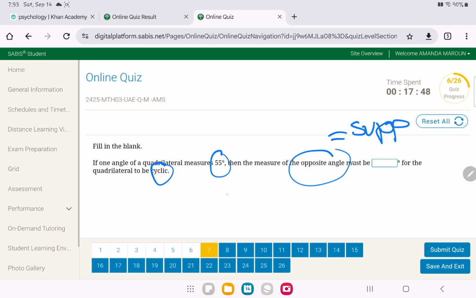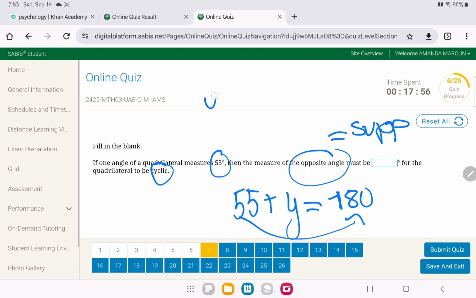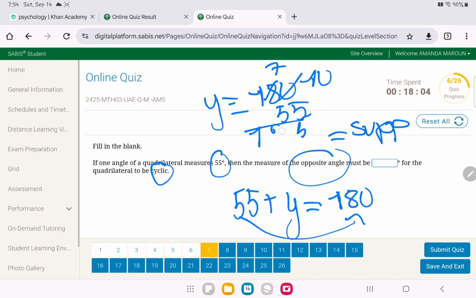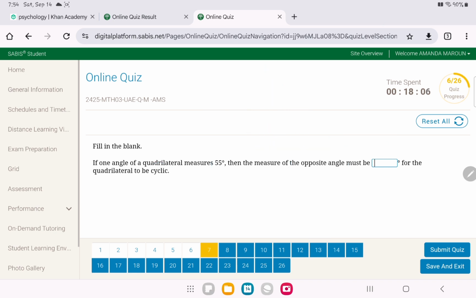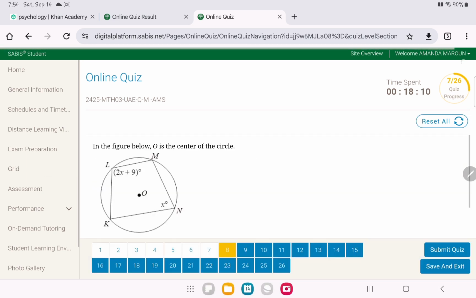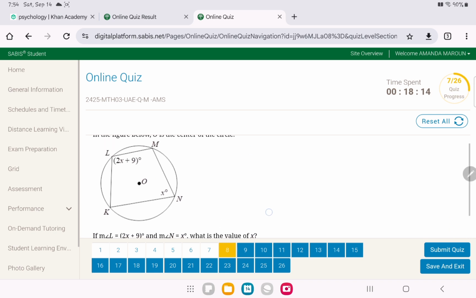Okay, so 55 plus the angle that we will call y is equal to 180. So y is equal to 180 minus 55. We get 125.